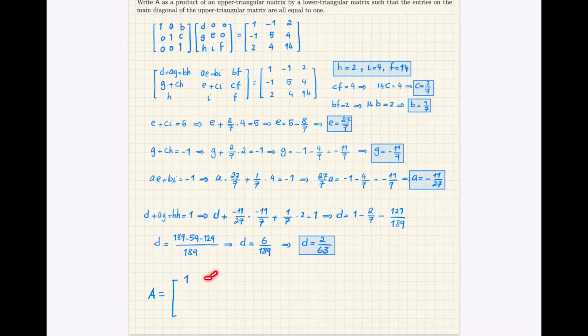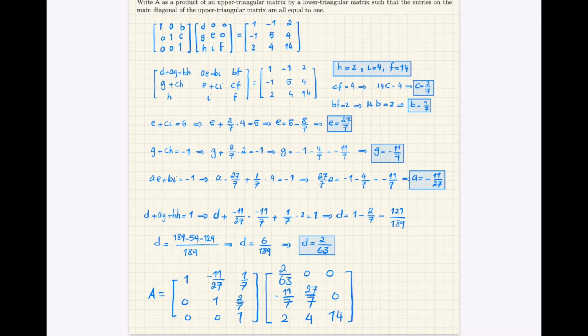A is minus 11 over 27, and B is 1 over 7, 0, 1, and C is 2 over 7, and finally I have 0, 0, 1 multiplied by D, which is 2 over 63 and 2 zeros here, and G is minus 11 over 7, E is 27 over 7, 0, and H, I, F, which is 2, 4, 14.